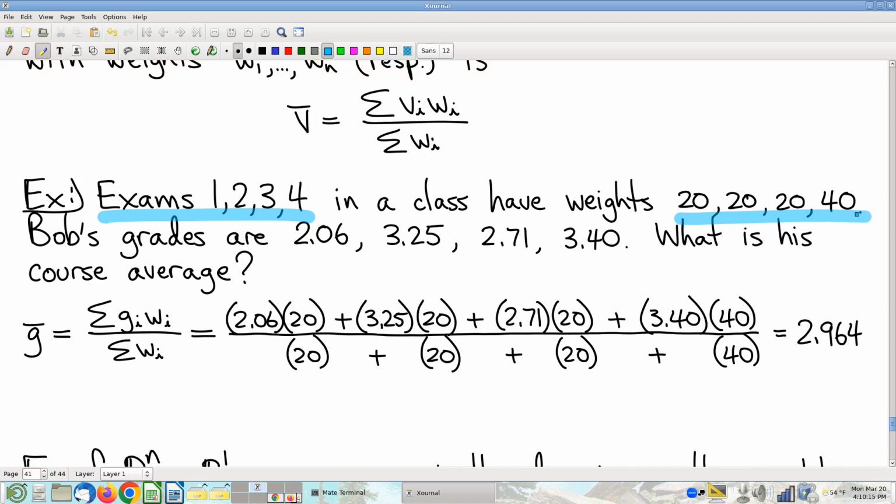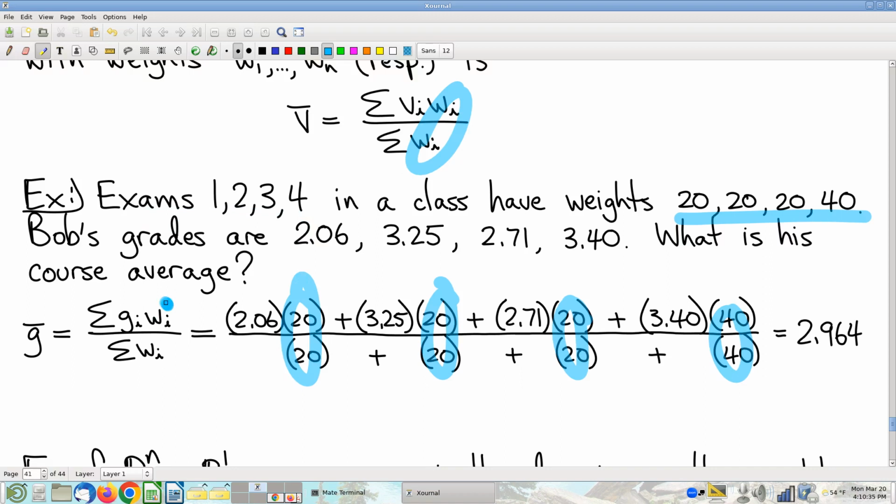We have 4 exams with these weights, and Bob gets certain grades on these 4 exams, and he wants to compute his course average. Of course he does. So how does he compute his course average? Well, the weights go right there where the formula says they go.